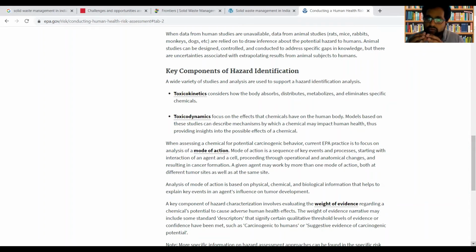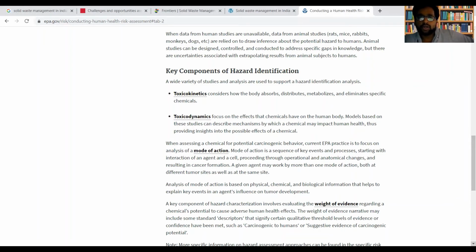But in the case of toxicodynamics, the focus will be the effect the chemical will be producing on the body. So how the chemical may be impacting human health is addressed in a toxicodynamic study.